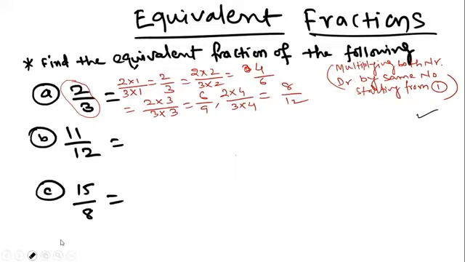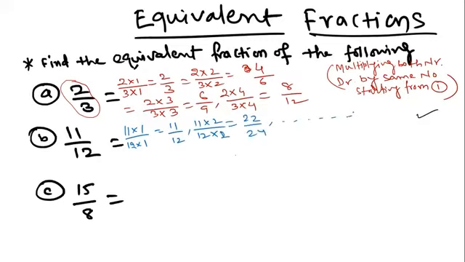So here the same method will be followed. Multiply 1 to the numerator and the same number to the denominator. So we write it 11 by 12. Then the second equivalent fraction, 12 multiplied by 2, 22 by 24, and it goes on like this.